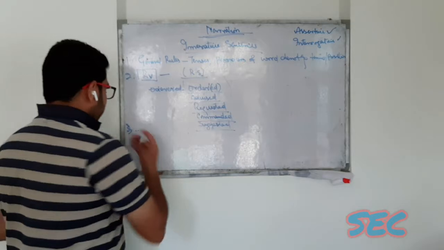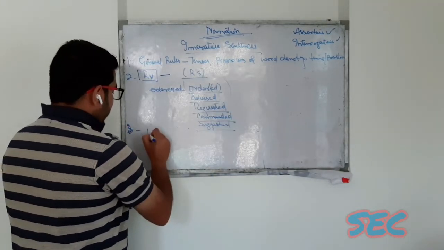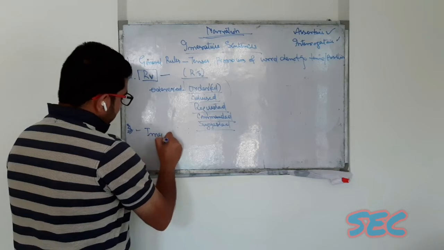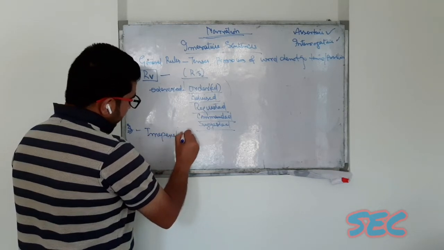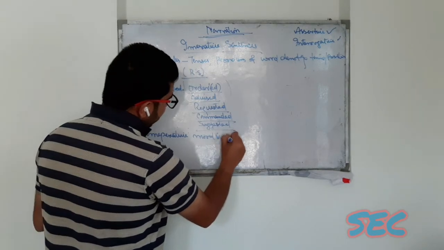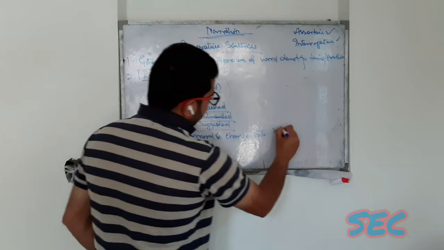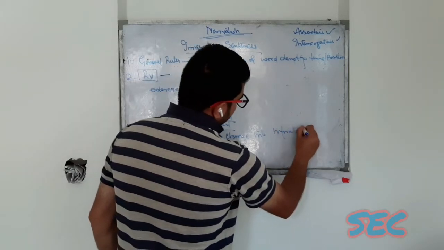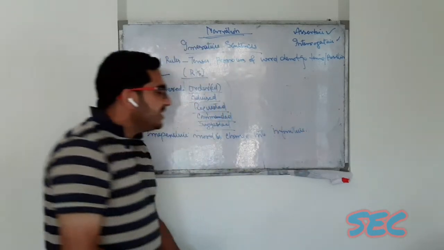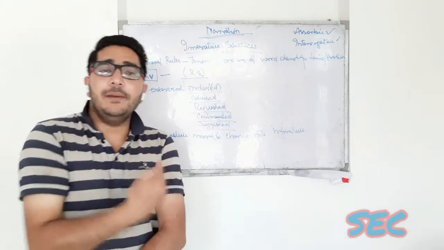Now rule number three. Imperative mood is changed into infinitive. We change this imperative mood because imperative sentences contain imperative mood.